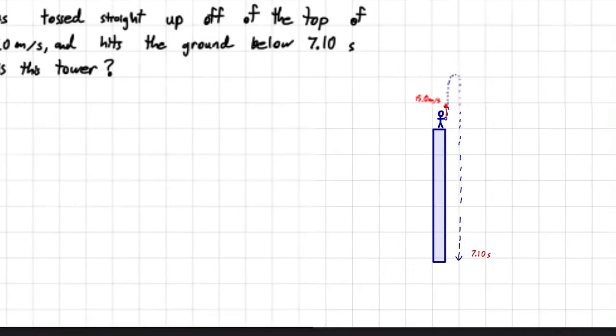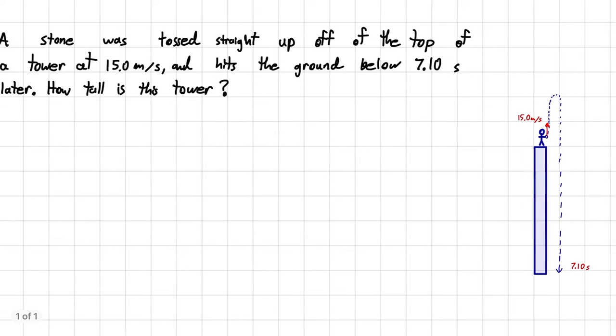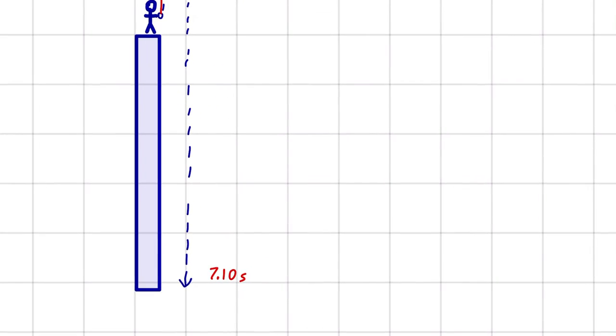So at 7.1 seconds. And it is asking for us to find how tall is the tower. So we want to know the distance, which is the height of the tower. That's delta D, the change in position.